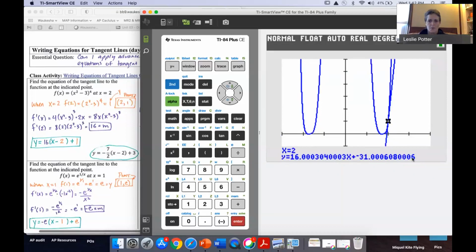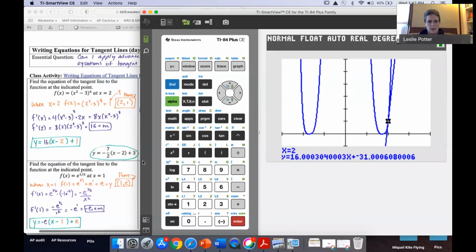Again, round-off errors from the numeric process the calculator uses. Let's take a look: here's the equation of the tangent line. If we distribute the 16, I get 16x minus 32 plus 1, so that is 16x minus 31. So that is how you get your tangent line all on your calculator without having to go through all of these steps. It's a great way to check your work.